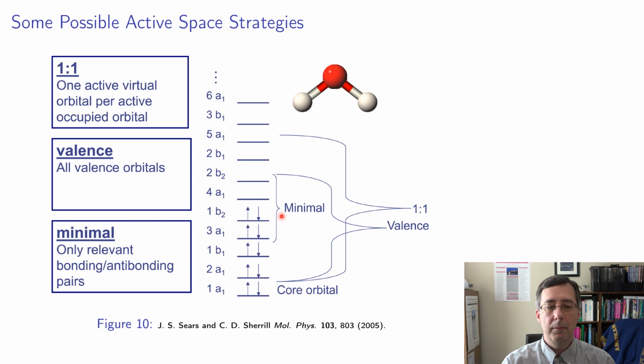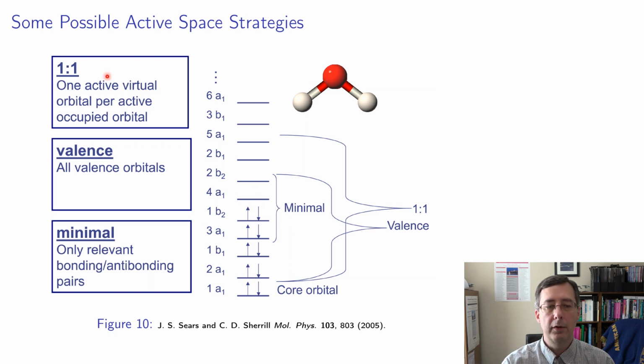If I choose a valence space, I pick all the valence orbitals. I don't include the 1A1, that's a core oxygen 1s, so it's not valence. These are all valence occupied orbitals, and the valence space would consist of 2 more orbitals as well. So a valence set of orbitals would be all of these, 4 occupieds and 2 unoccupieds.